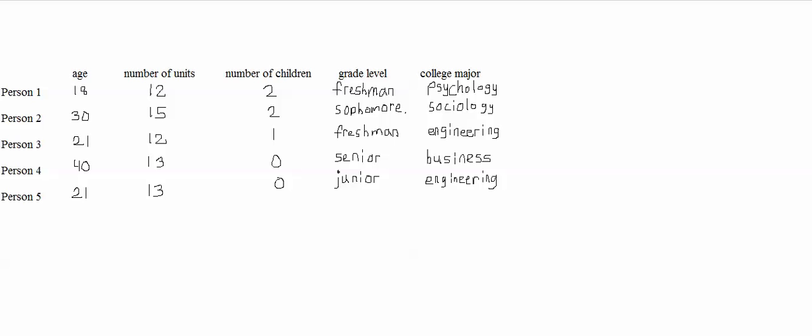We need a line for the x-axis. So the values that appear in the grade level column are freshman, sophomore, junior, and senior. So we'll put those values down here. We'll put those words down here.